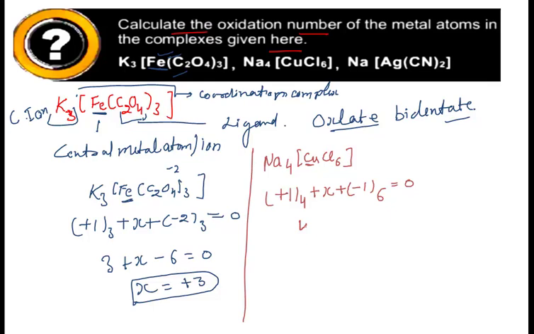So 4 plus X minus 6 equals 0, right? And X will be equal to +2. So how are we writing it? We write copper, and then within parentheses we write 2, right? So this is the second one for this species. Now try it for NaAgCN. Yes, you have to do it.